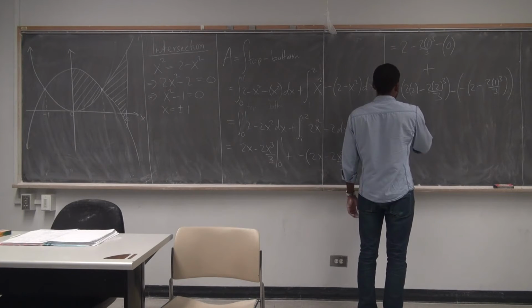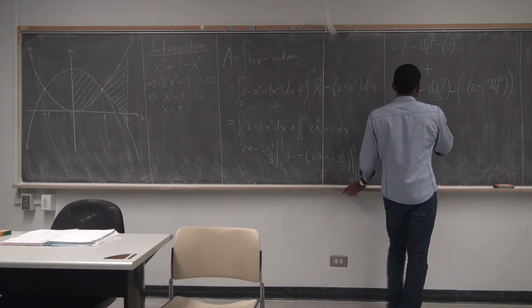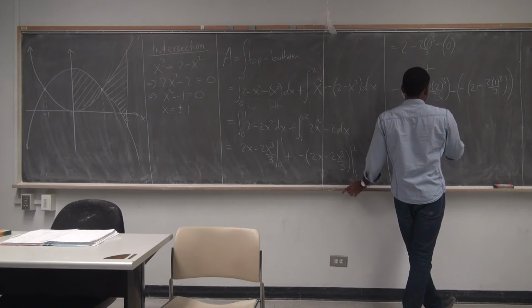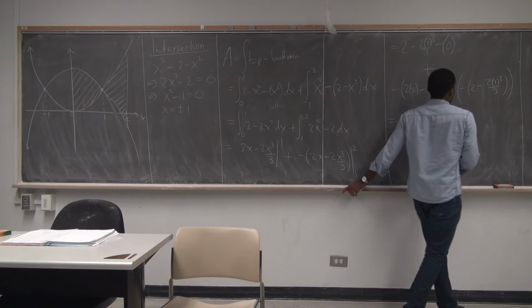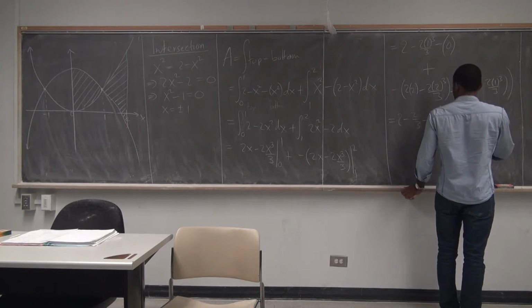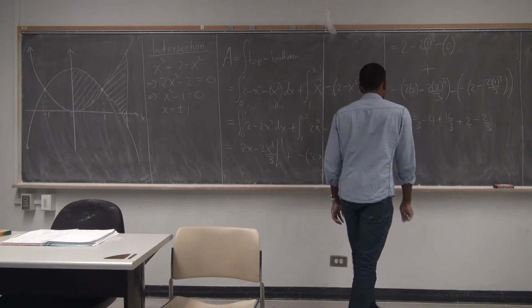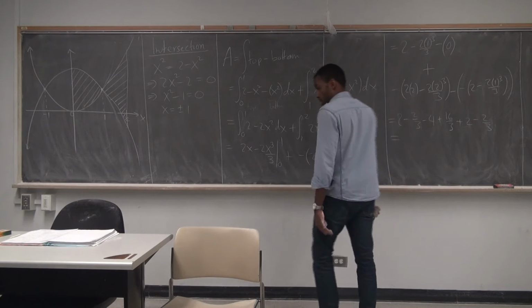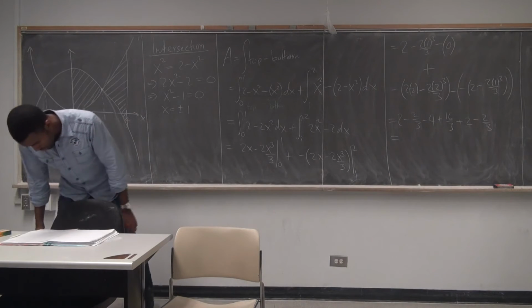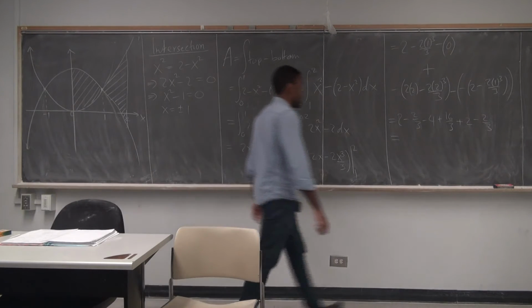So that is 2 minus 2/3 minus 4 plus 16/3 plus 2 minus 2/3. And do that, I did it here already. So it's actually worked out to be an excellent section.